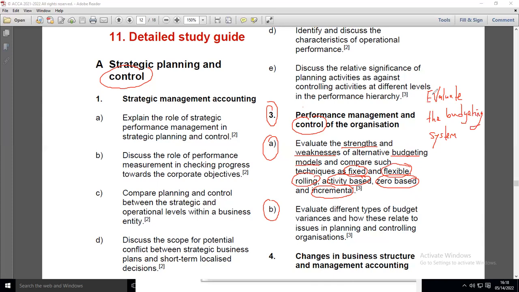Evaluate the budgeting system by telling us what are the advantages and what are the disadvantages, and which one seems to be a suitable system for a given environment.